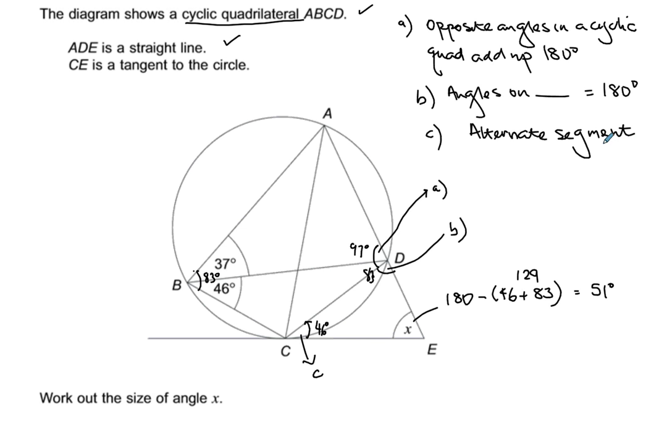All right, let's just play around with it. I know it's not part of it, but there's just so much I can see here. So it's a real good learning thing. Can you see that's your bow tie there? So if we just play around with it, then you can tell that that angle there will also be 46, because angles in the same segment are subtended by the same arc.